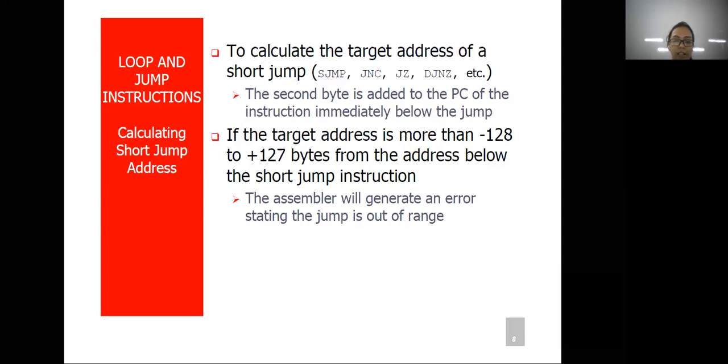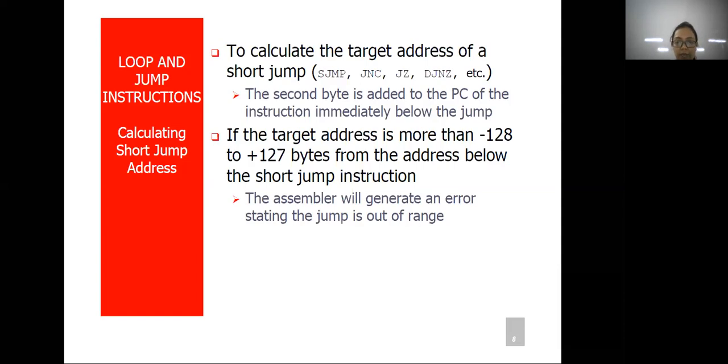If the target address is beyond -128 to +127 bytes, and it exceeds this limit, then the assembler will generate an error stating that the jump instruction is out of range. So this way you can calculate your target address.